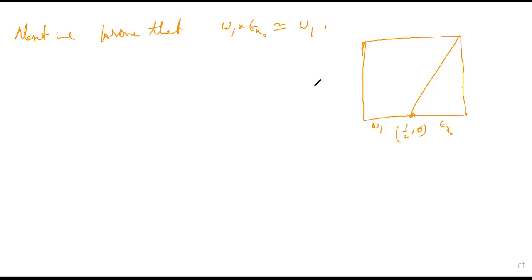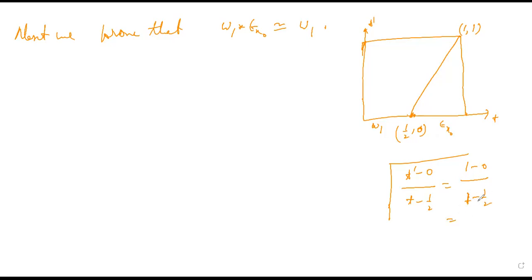So how will we define it? Again we will find out the equation of this line. This is t prime minus 0 upon t minus half equal to 1 minus 0 upon 1 minus half.